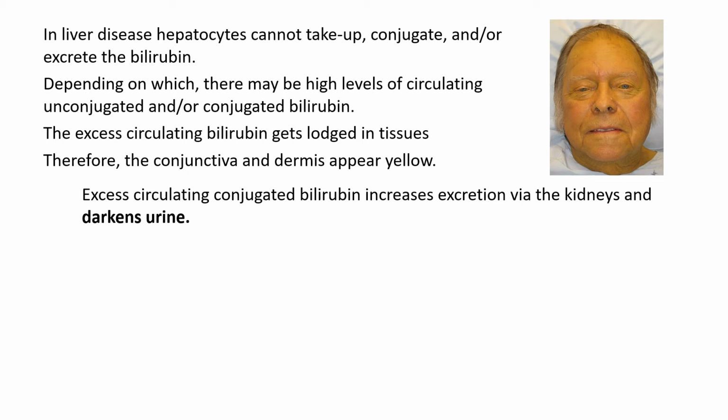Of course, if we've got excess circulating conjugated bilirubin, that's going to increase its excretion via the kidneys through glomerular filtration, and it's going to darken the urine. So whereas the urine was a nice straw colour with a small amount of it, a large amount of it is going to make the urine look much browner.